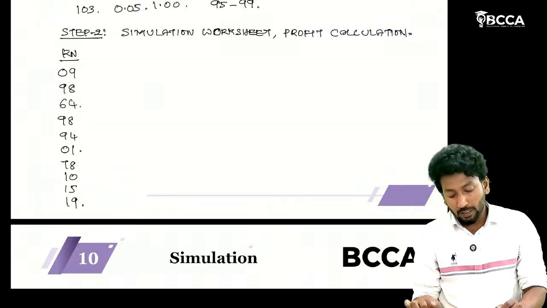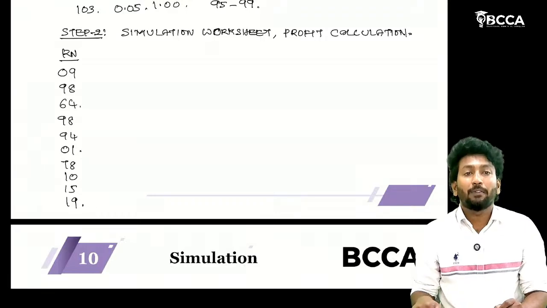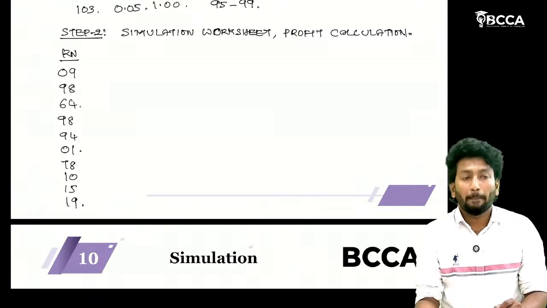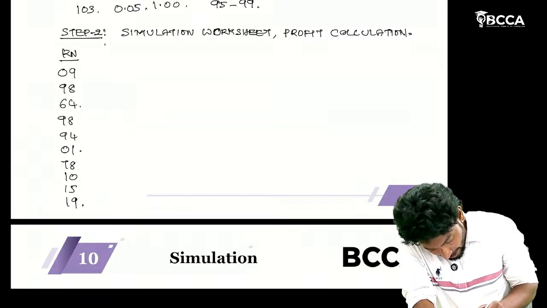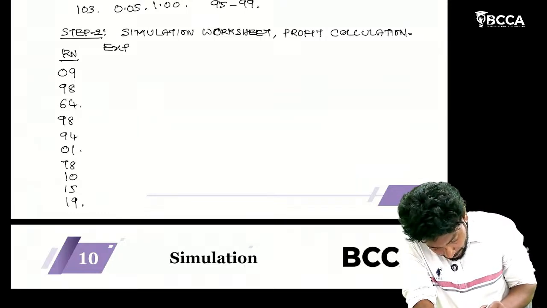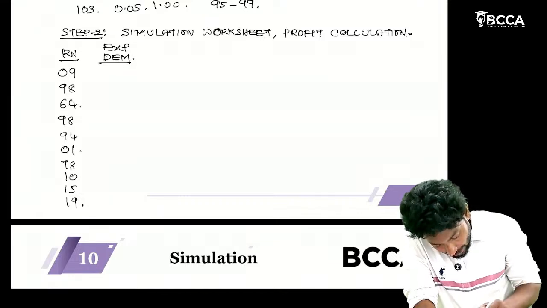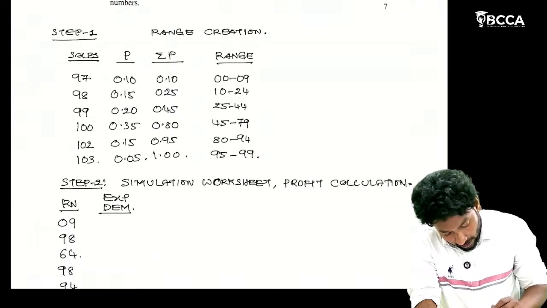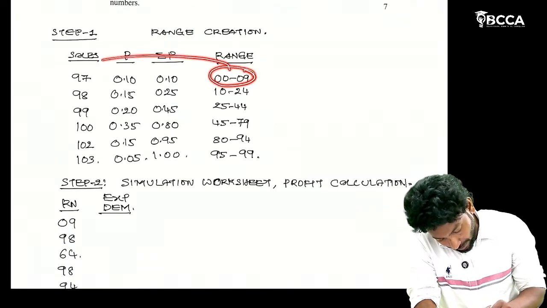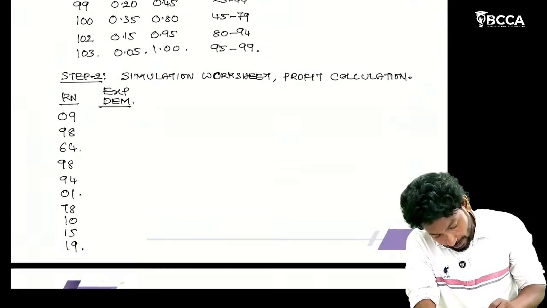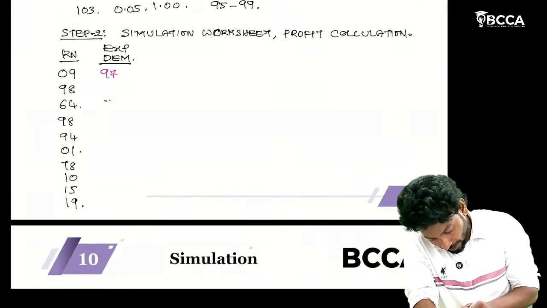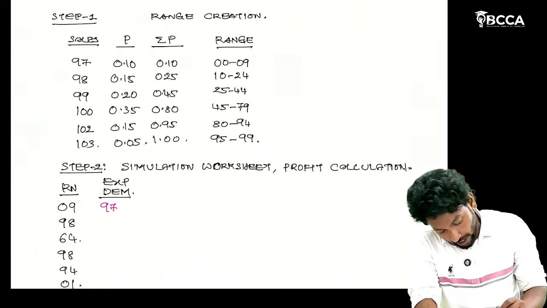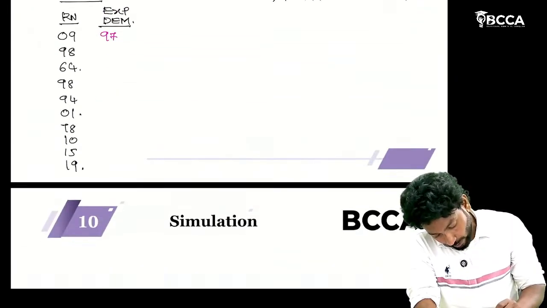Using these random numbers, we can expect the future demand. What is our first random number? 09. It falls under the first class interval, so expected demand is 97. 98 falls under the last class interval, 103.